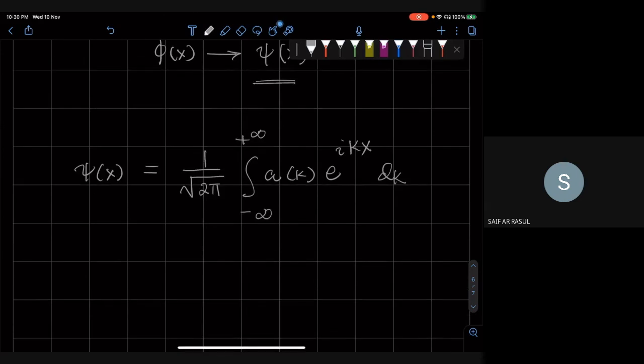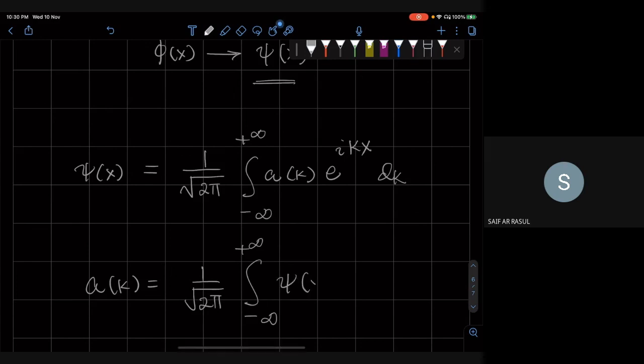And then A of k, on the other hand, is 1 over square root of 2 pi, integral from minus infinity to plus infinity, psi of x e to the power minus i k x, dx. So notice the sign difference.